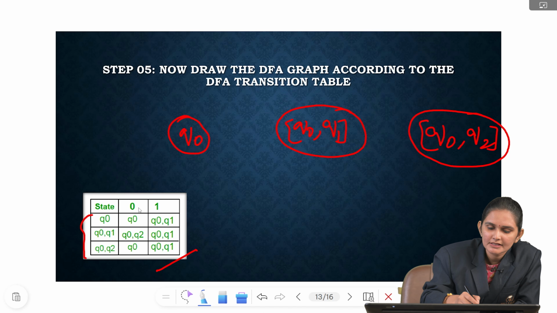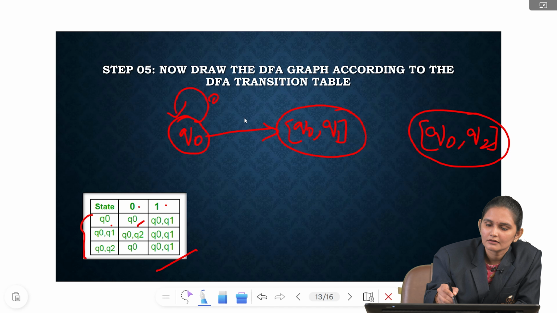What are the input symbols here? 0 and 1. So Q0 on 0, where is it going? It is going to Q0 itself. Next, Q0 on 1, where is it going? It is going to Q0, Q1.